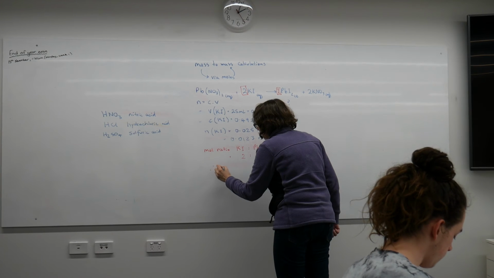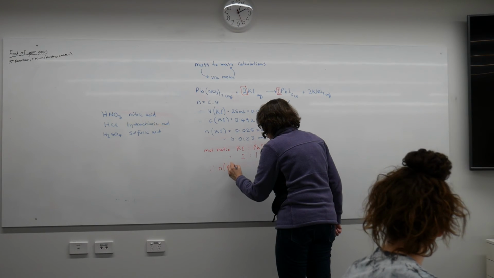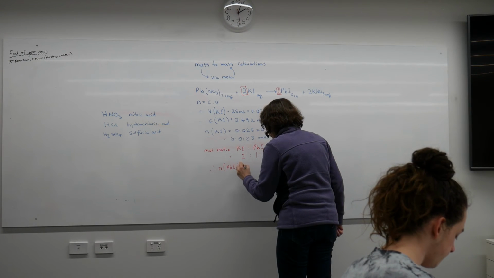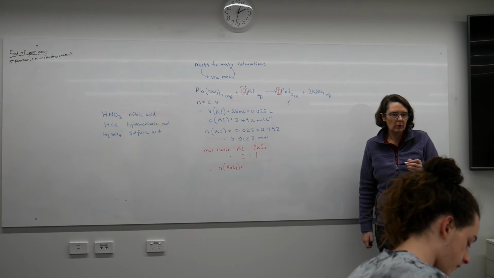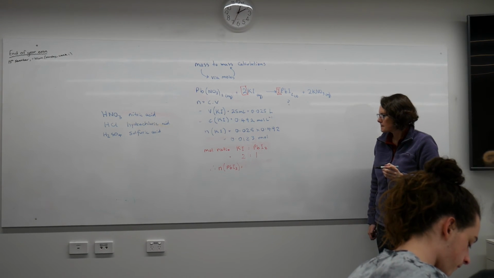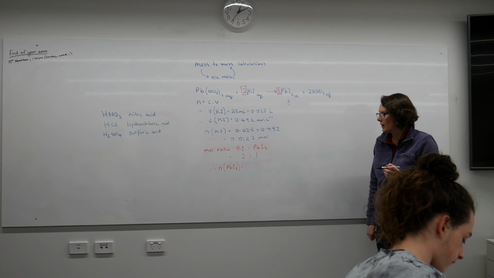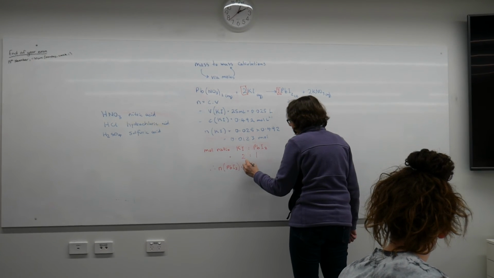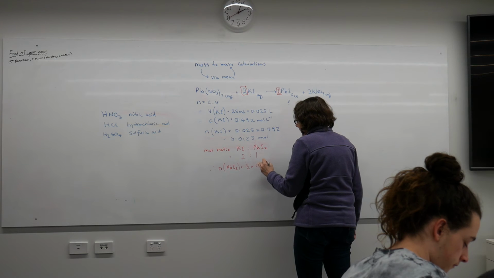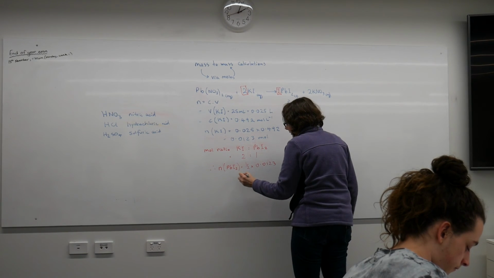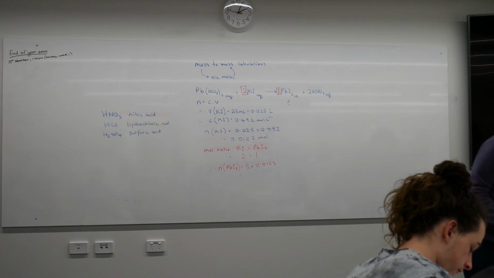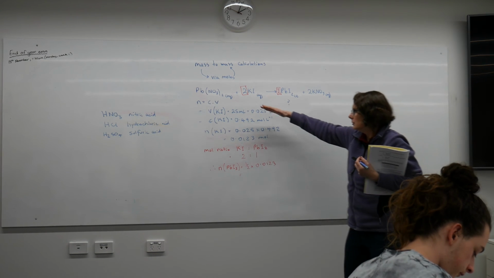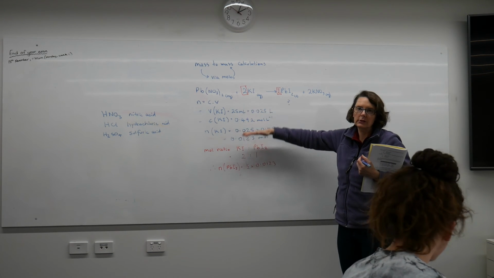So therefore, the moles of lead iodide is going to be what? Half or 2? Half. Notice as well, no coefficients in all of this.